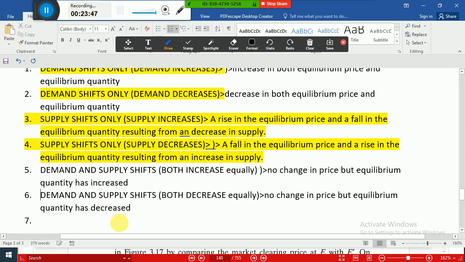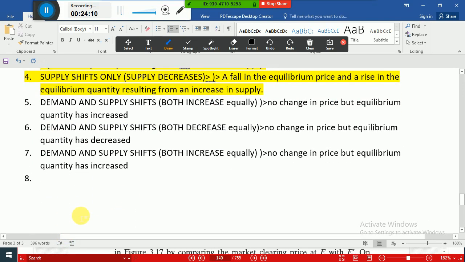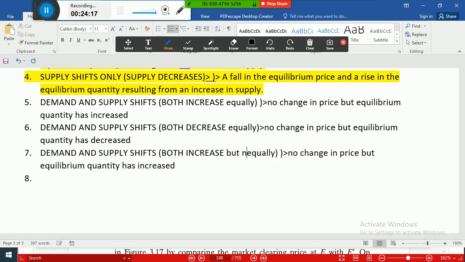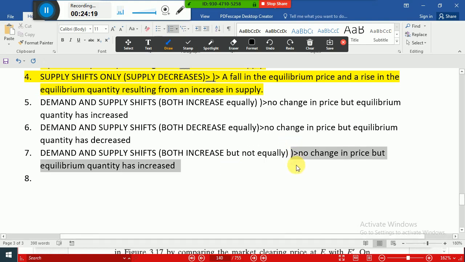We will consider two more cases, though there may be even more than two cases. You can assume that demand and supply increase but not equally. This may be the next case. Demand and supply both increase but not equally. What will be its impact?